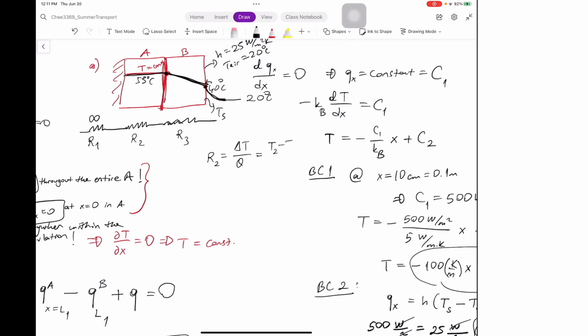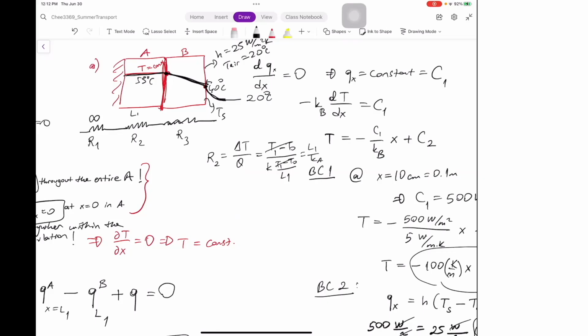T2 minus T1, or maybe let's say T1 minus T0, over Q, which is nothing but K times T1 minus T0 over delta X, which is, let's call it L1. Okay, so after these cancel, you just get L1 over K for the Ka.